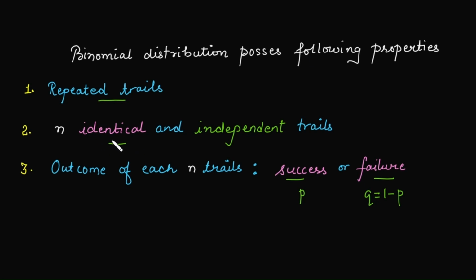Identical trial means the probability of getting a success is the same throughout the experiment. Means in each trial, if the probability of a success is, suppose, A, the same probability will be there for the rest of the trials for getting a success. Independent means the outcome of one trial does not affect the other.